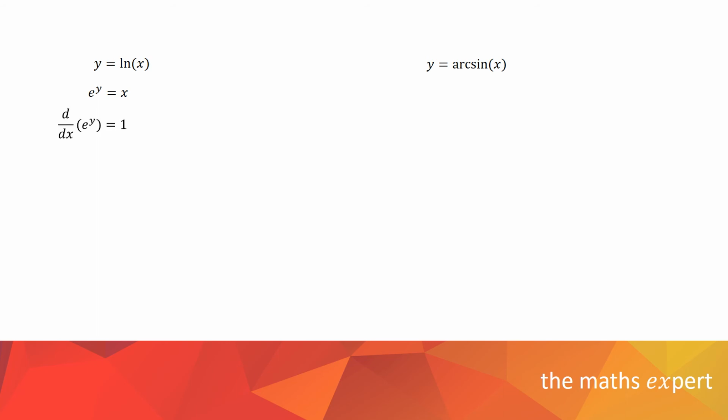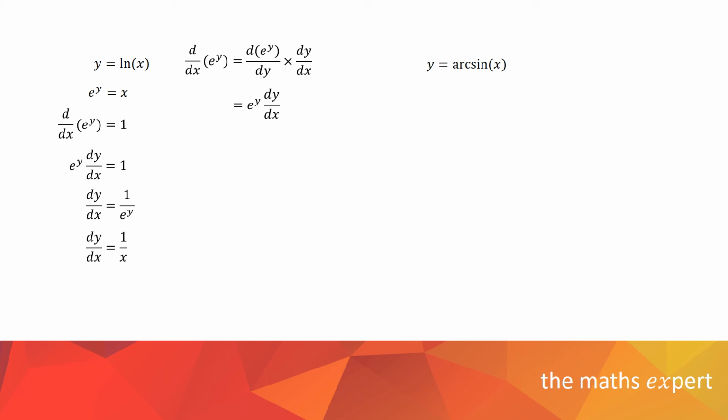I can now differentiate both sides, and I know that the differential of e to the power of y will be, again using the chain rule, e to the power of y dy by dx. I can then rearrange to get an expression for dy by dx, and note that, from the original rearrangement, e to the power of y is equal to x, so dy by dx is equal to 1 over x.